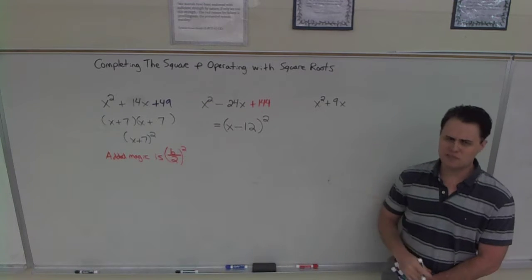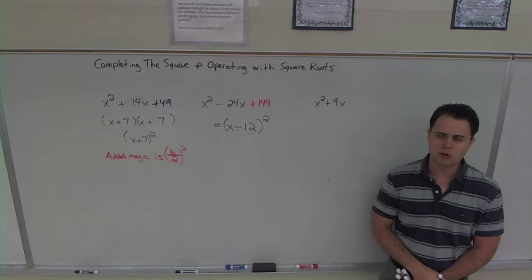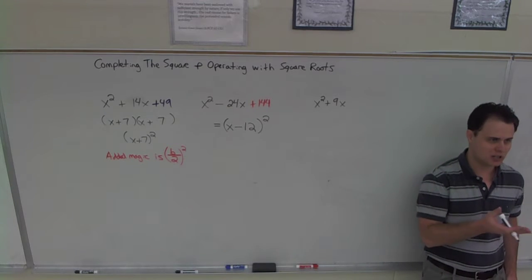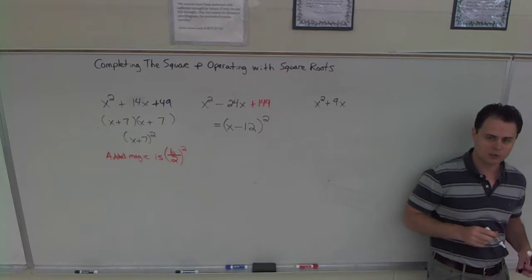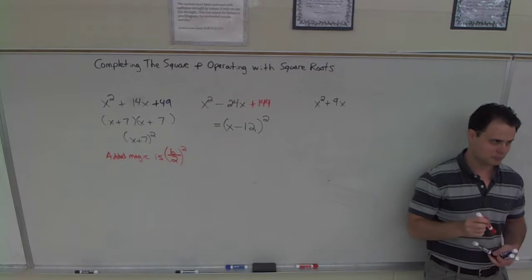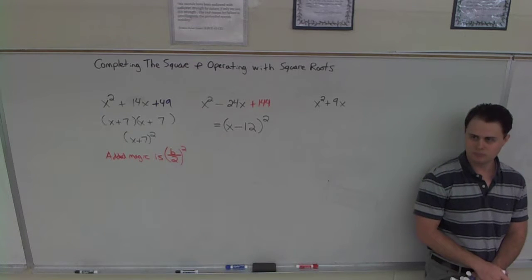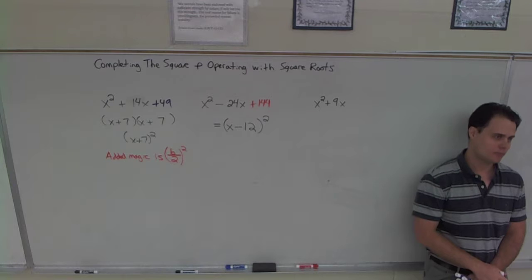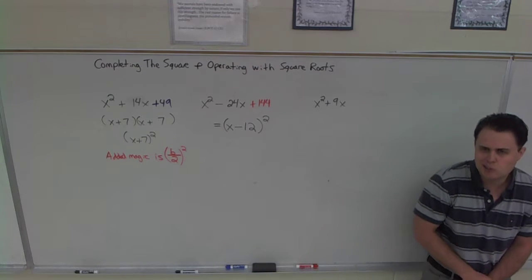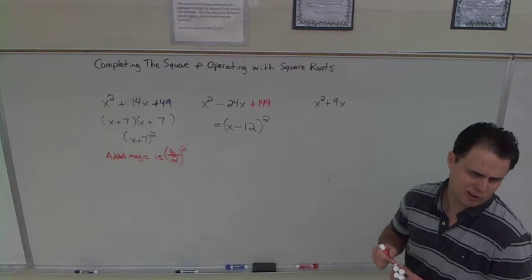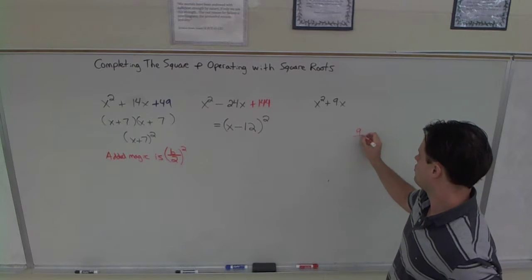So this one's a little tougher to do, like just guess the number, but who can tell me what it's going to be? I'll give you a second. Think about it. What magic am I adding here to make this perfect? Just follow the process. What are we supposed to cut in half? 9, to get rid of.